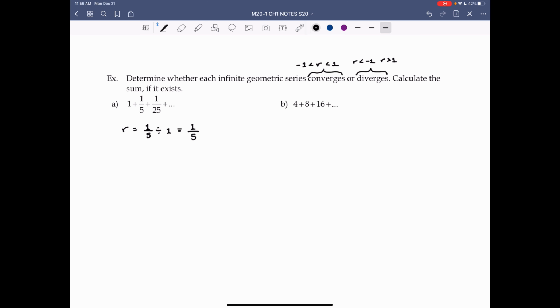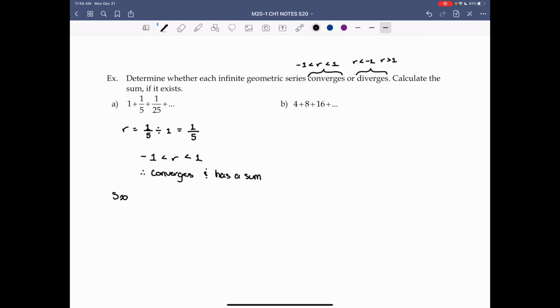And 1 over 5 is greater than -1, but less than 1. So our R value is between -1 and 1. Therefore, the series converges and has a sum.